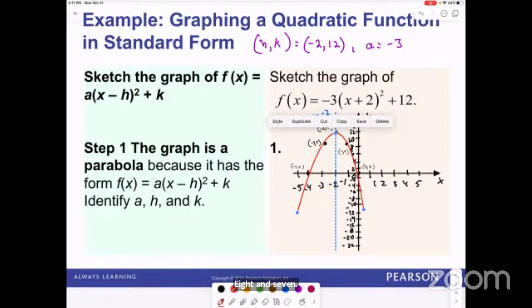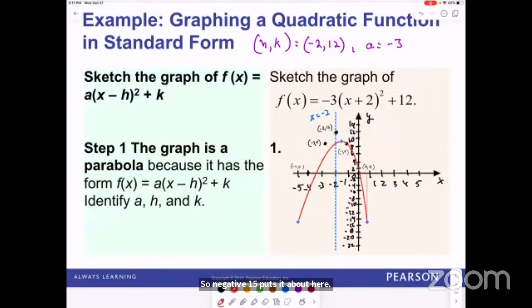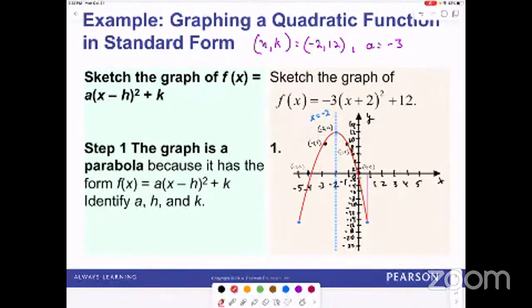So negative 15 puts it about here. Comes about there. That's not too bad. Again, it's just distorted because it's not drawn to scale. If we wanted to be more precise, we would use graph paper.